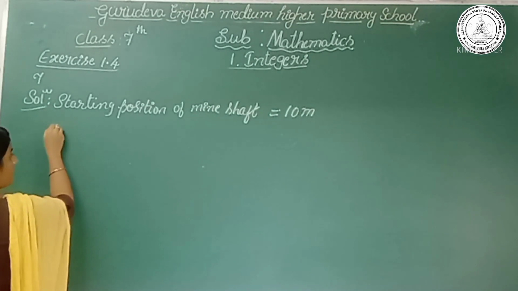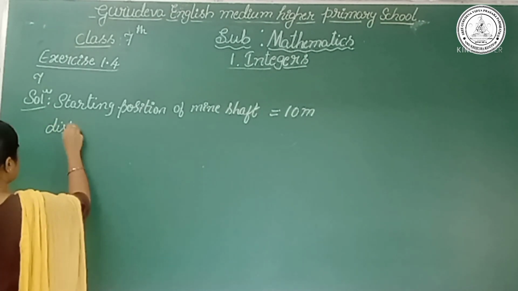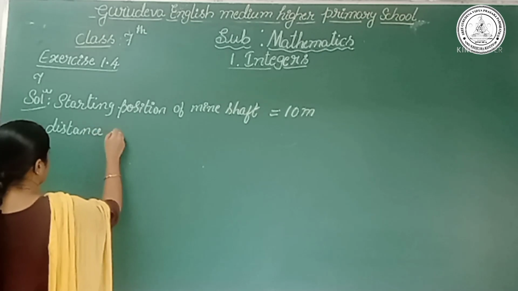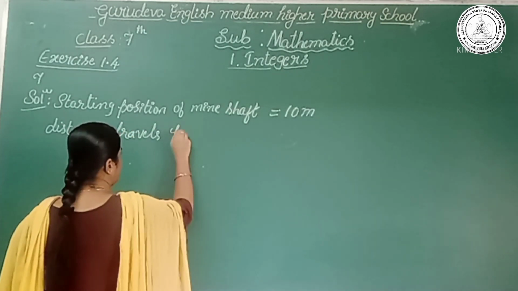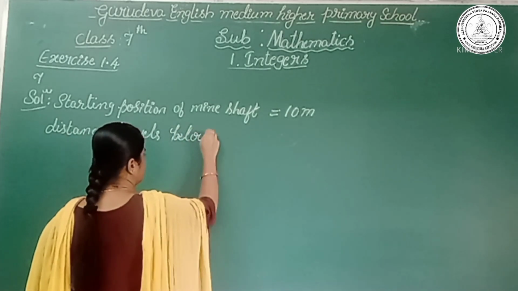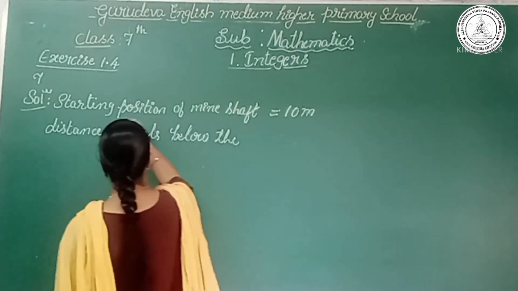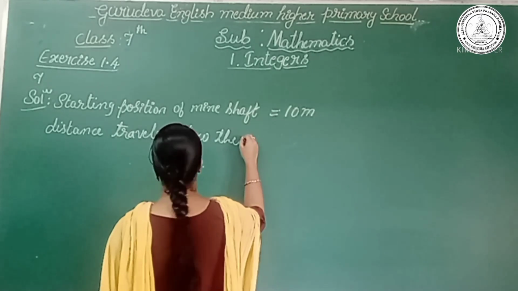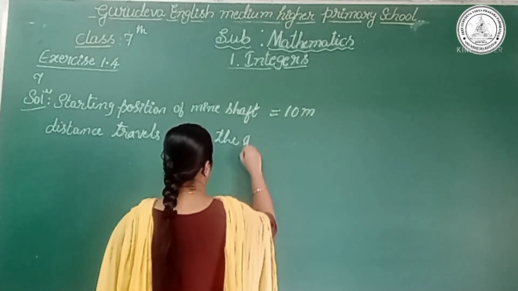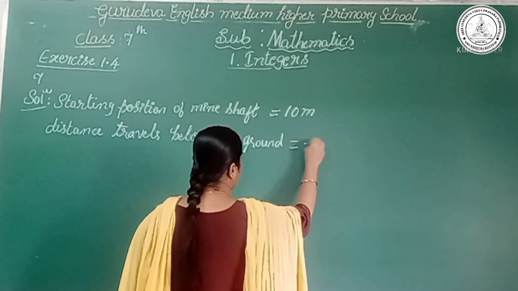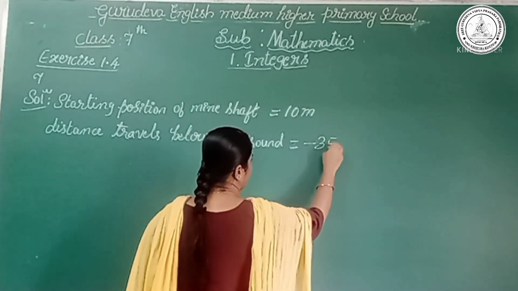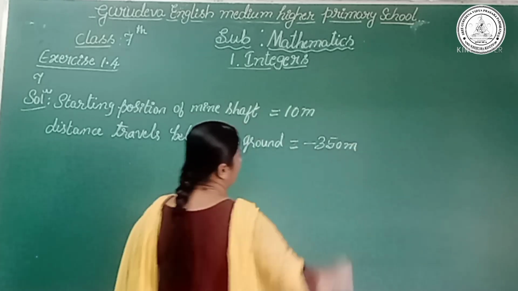The distance travelled below the ground is equal to, since it is below the ground, we have to take it as minus 350 meters.